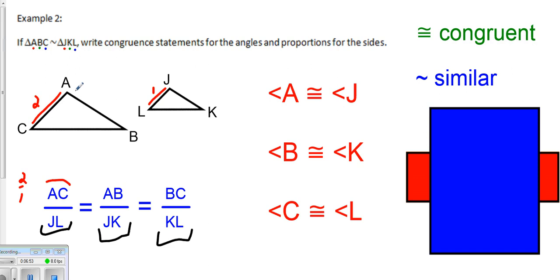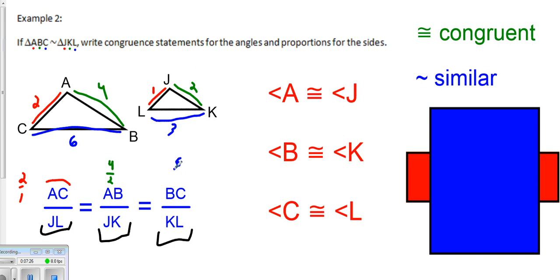The next one we have is A to B and J to K. So if A to B was 4, J to K would have to be 2, because it would match that 2 to 1 ratio. So we'd have 4 to 2, which could reduce down to 2 to 1. And lastly, BC, oops, is this blue one, compared to K to L. If B to C was 6, K to L would be 3.